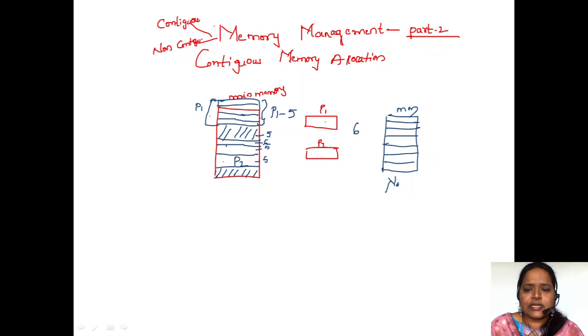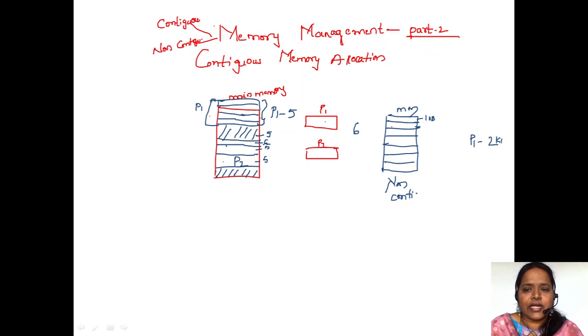So here this is the main memory, and I'm taking non-contiguous memory allocation. Suppose each slot has a capacity of 1 KB, and P1 needs 2 KB of space.